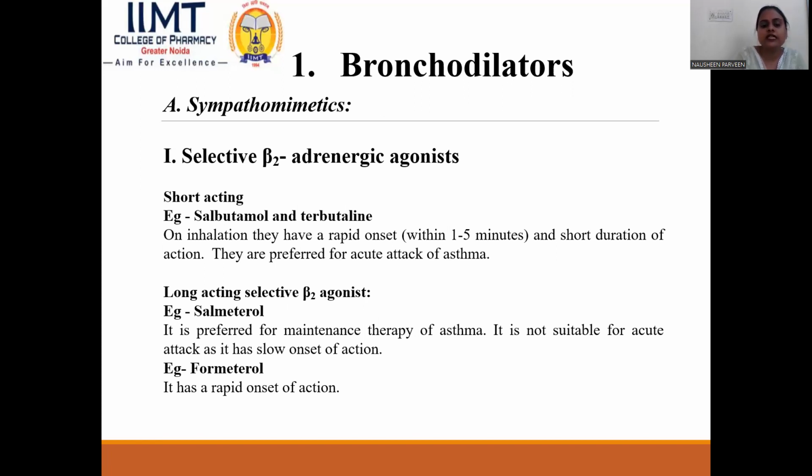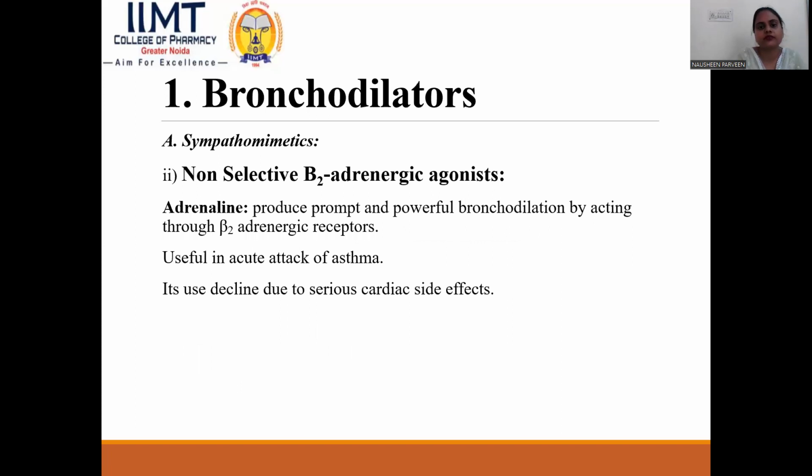The next drug of the long acting selective beta 2 agonists is formoterol, and it has a rapid onset of action. The next class of sympathomimetic drug is non-selective beta 2 adrenergic agonist.